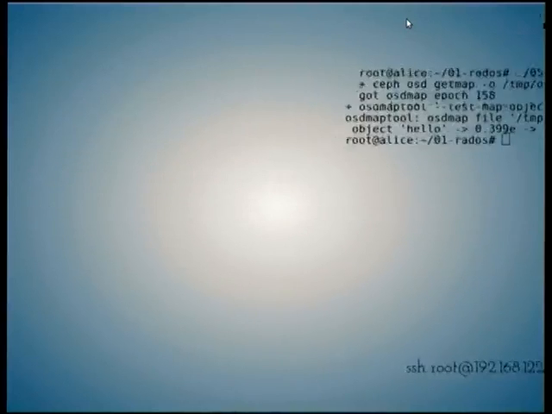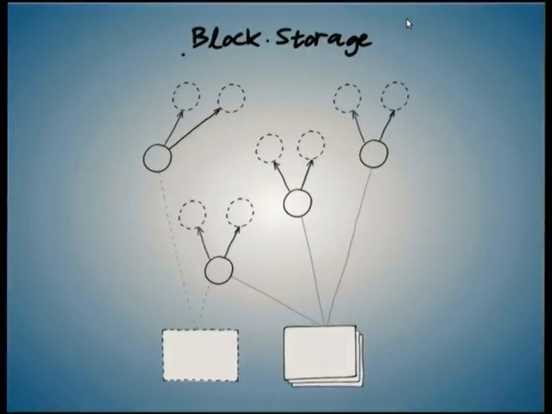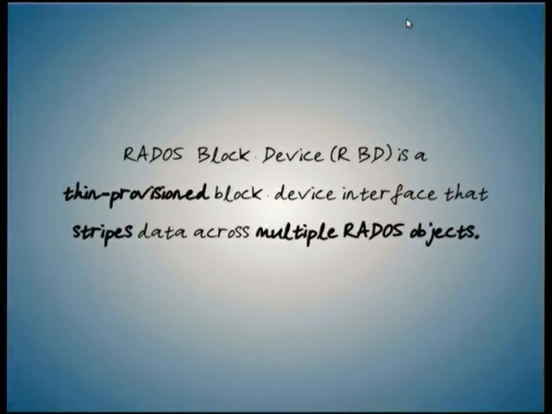There are several high-level client layers that RADOS ships with, and that's what we're going to concern ourselves with in the last just over 30 minutes of this tutorial. One of those high-level client layers is RADOS Block Device, or RBD. RBD is a thin provisioned block device that stripes data across multiple RADOS objects.